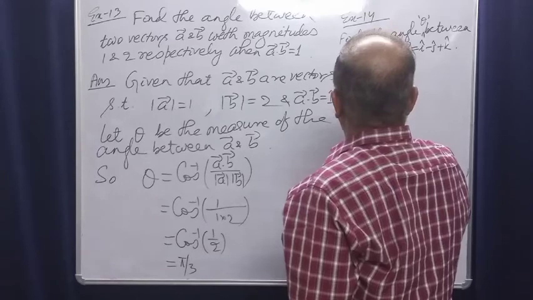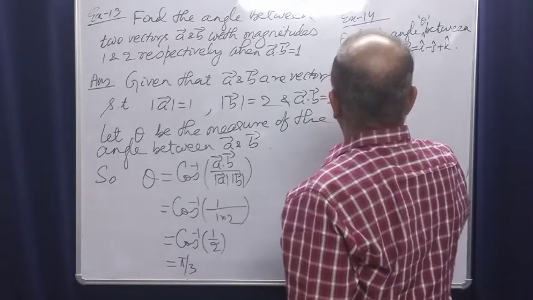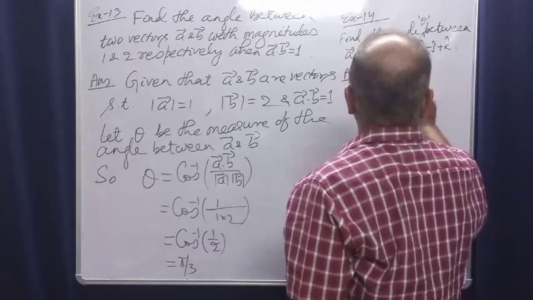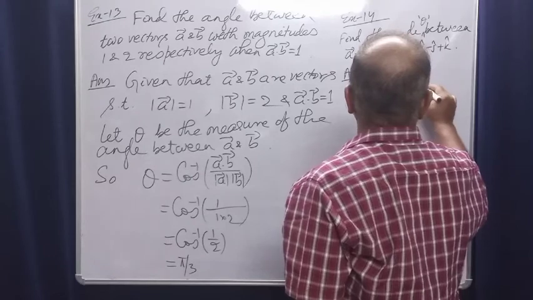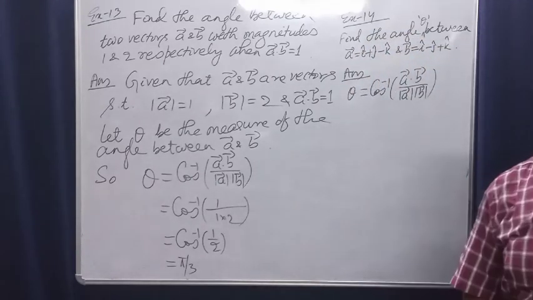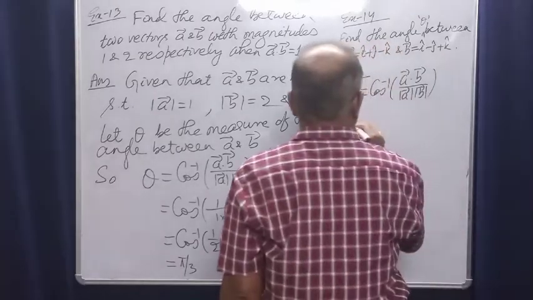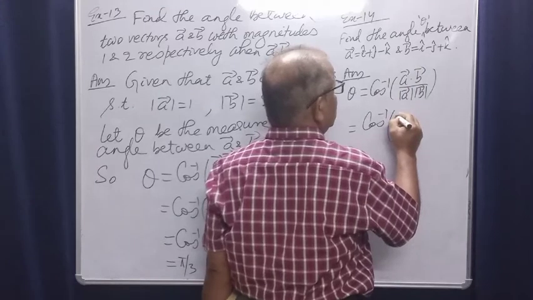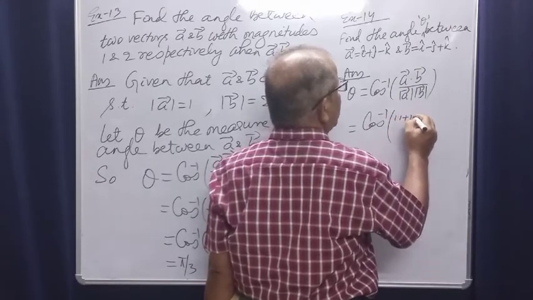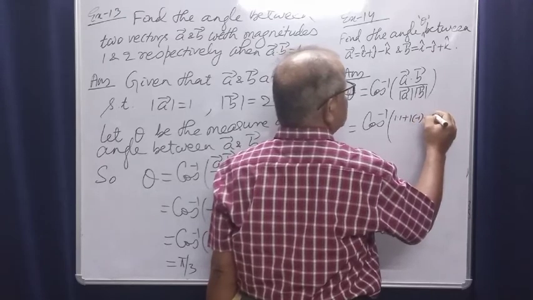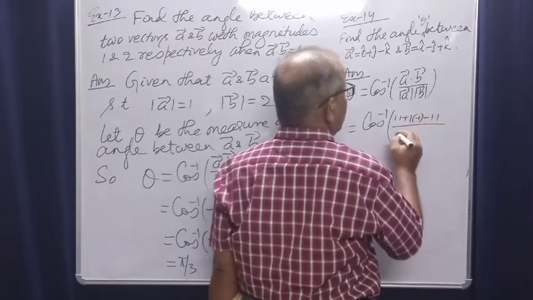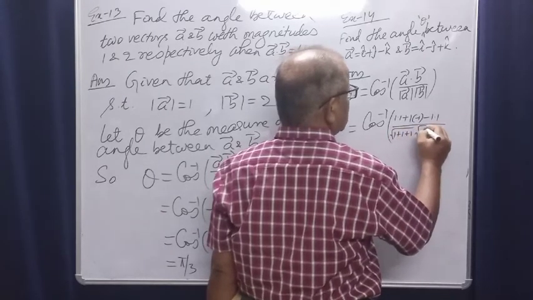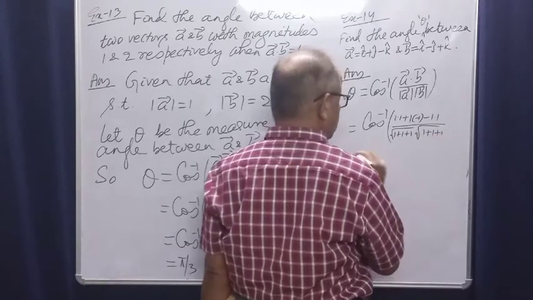Theta is cos inverse of A dot B by magnitude of A into magnitude of B. This is the formula. It is cos inverse of A dot B, which is 1 into 1 plus 1 into minus 1 minus 1 into 1, by magnitude of A, which is root over 1 plus 1 plus 1, and it is also root over 1 plus 1 plus 1.